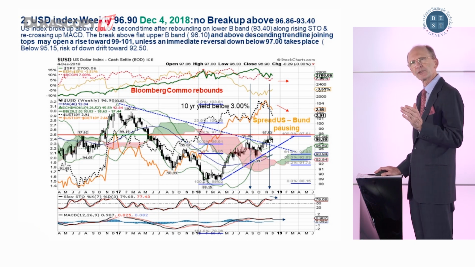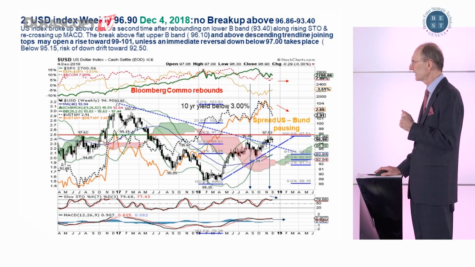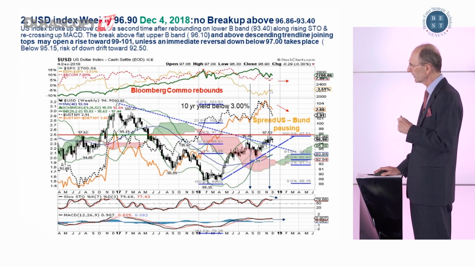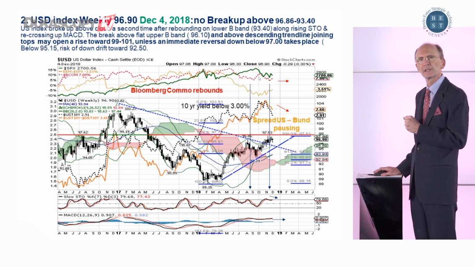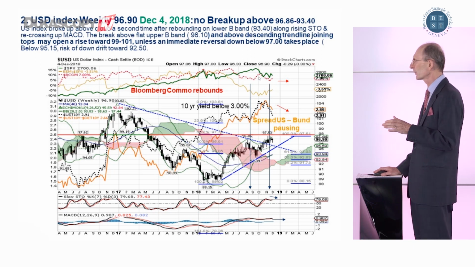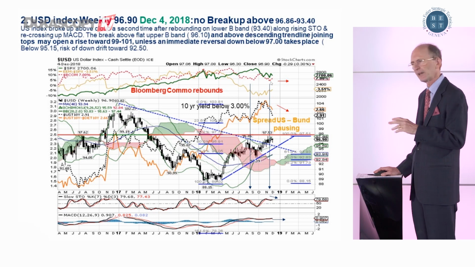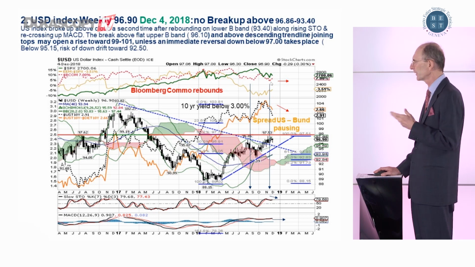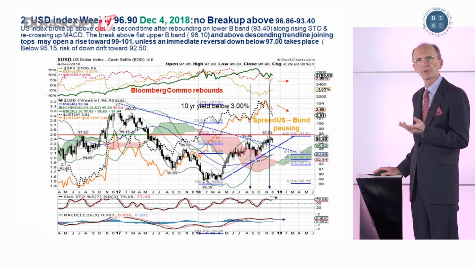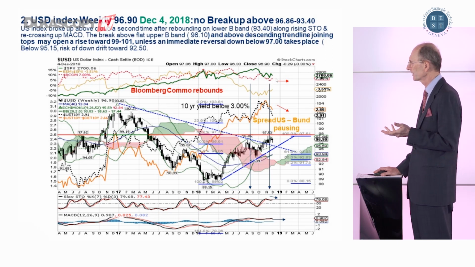And a US dollar which is going more sideways is in fact good for the relative strength of emerging markets versus the S&P 500, what we see here in the upper panel in orange. It is also going to be good for commodities if the US dollar goes sideways, as there is an inverse relationship between the US dollar and commodities. That means that commodities could also do some bottoming action.